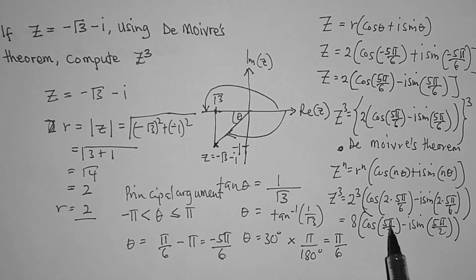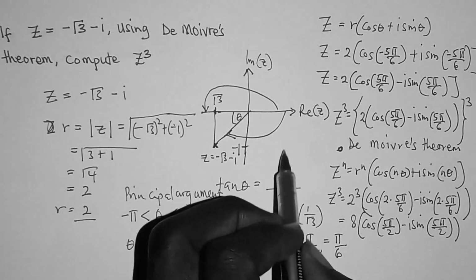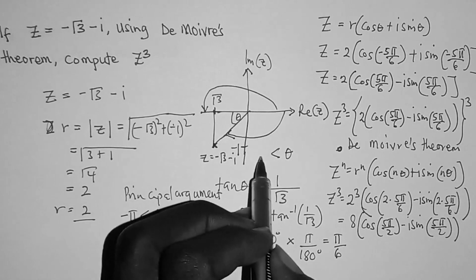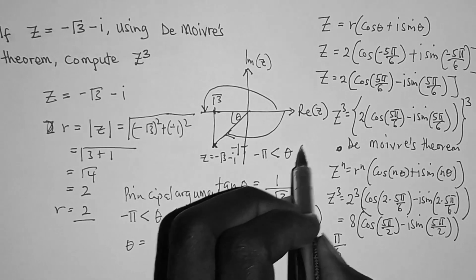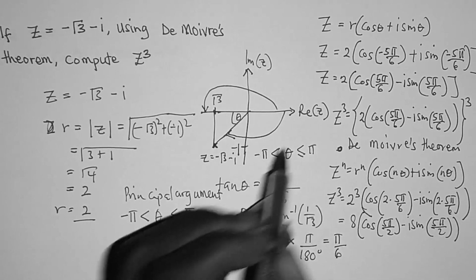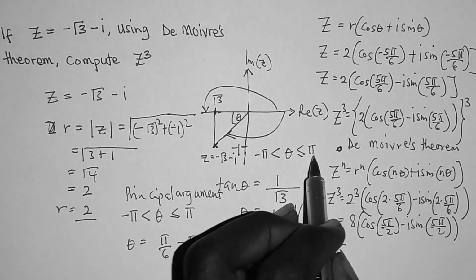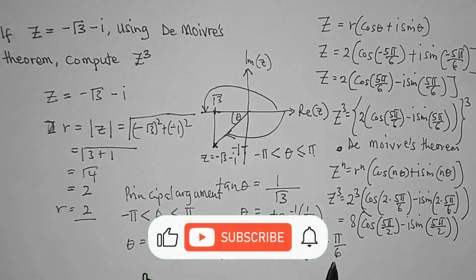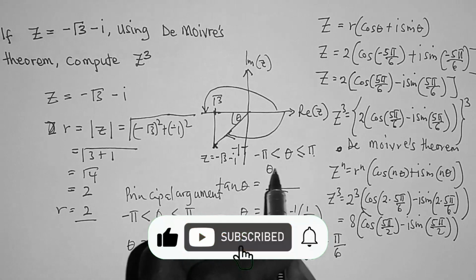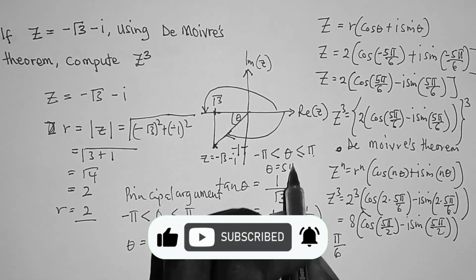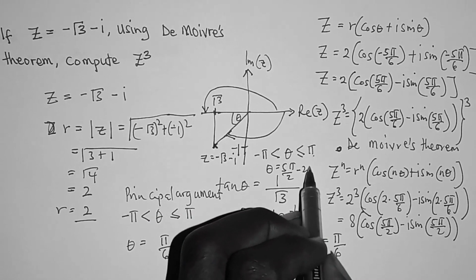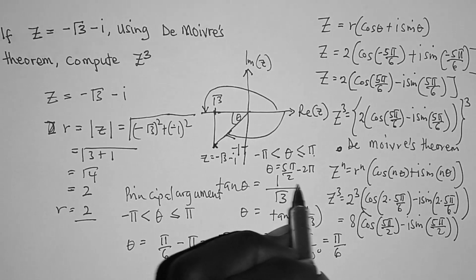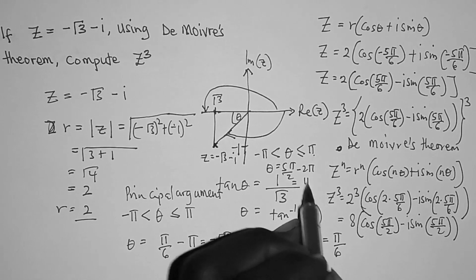However, we can see that 5 pi over 2 is greater than pi, and therefore we need to convert 5 pi over 2 to a form where theta is greater than minus pi but less than or equal to pi. We can do this by subtracting 2 pi from 5 pi over 2. So theta is equal to 5 pi over 2 minus 2 pi, and this is equal to pi over 2.